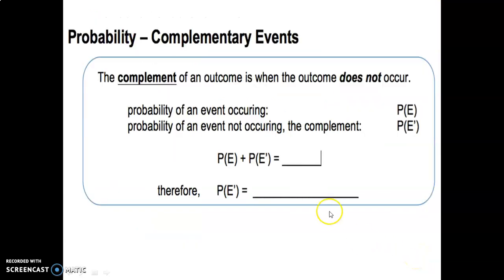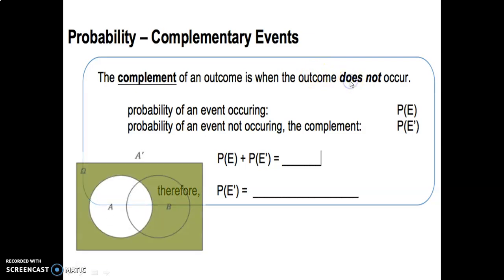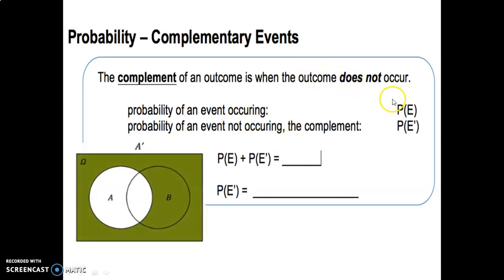Okay, so complements. The complement of an outcome is when the outcome does not occur. So here we have probability of something occurring, and here's the probability of it not occurring. And in diagram form, it can be shown clearly like this. All this is set A, but outside of that, the shaded zone in green is not A. So all the things outside of A are here, still within the universal rectangle.